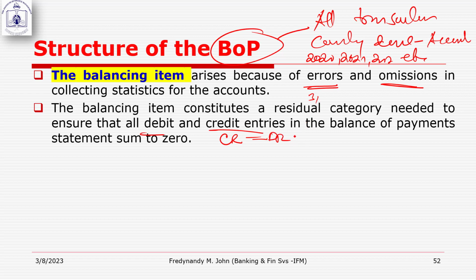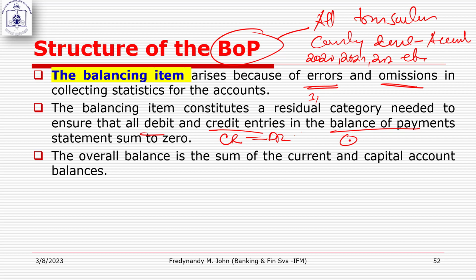Now, if a certain entry was wrongly recorded or was omitted for some reasons, we use the balancing item to rectify the error so as to ensure that at the end of the day, the balance of payment will sum to 0.